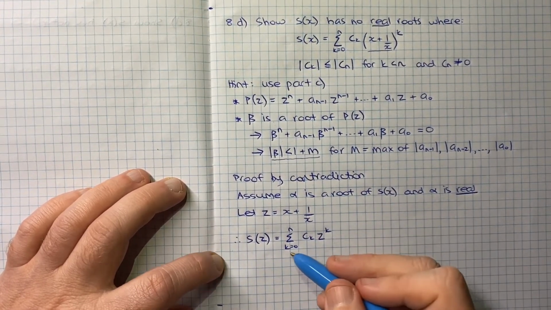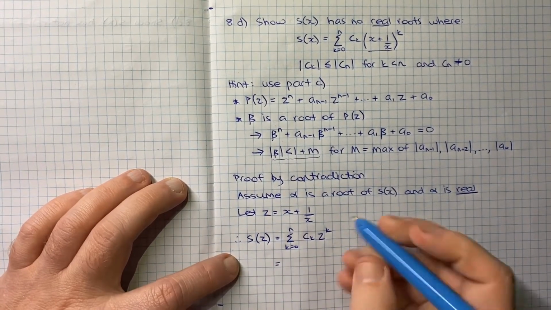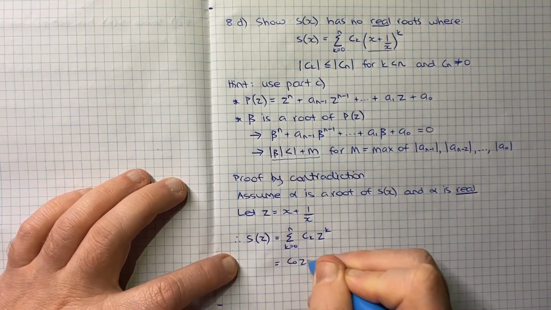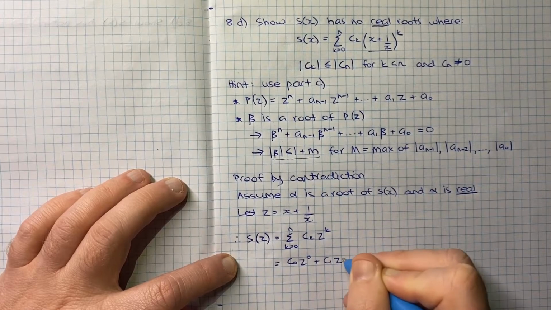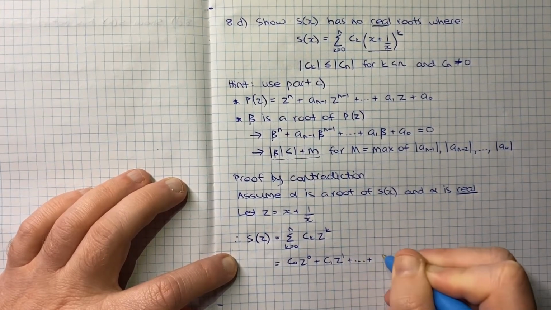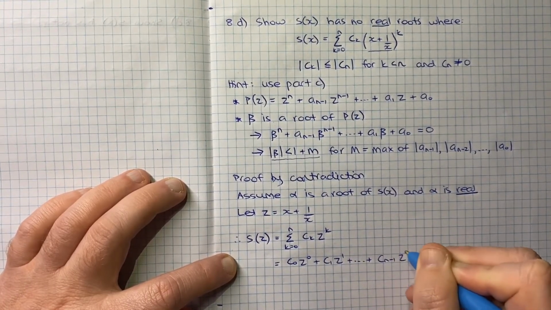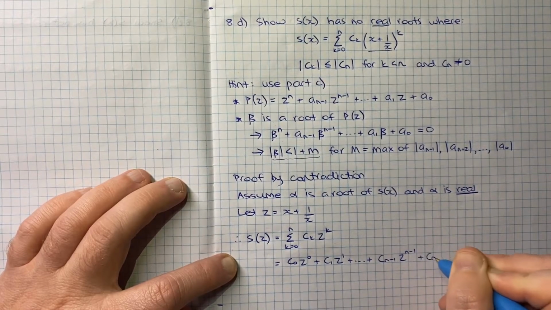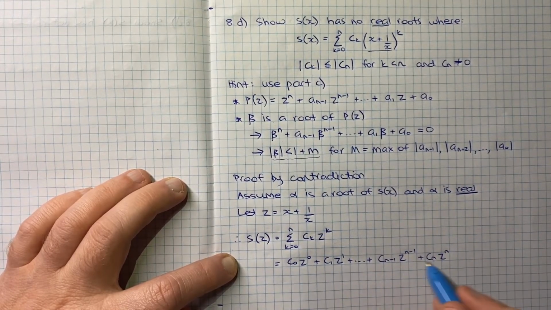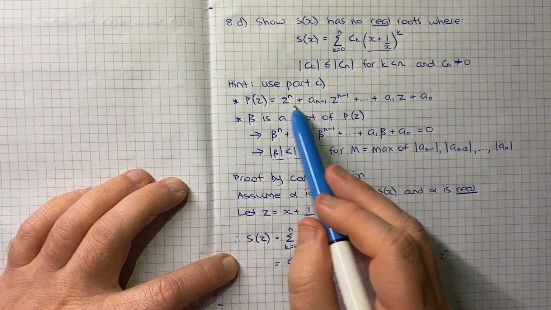Or in other words, if we expand that out, we'd get c_0 z to the 0 plus c_1 z to the 1, and so on up to c_(n-1) z to the n minus 1 plus c_n z to the n. And you can start to see just how similar these two functions become.